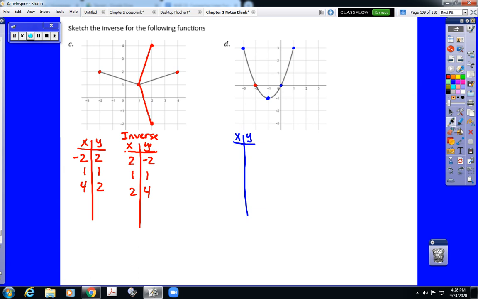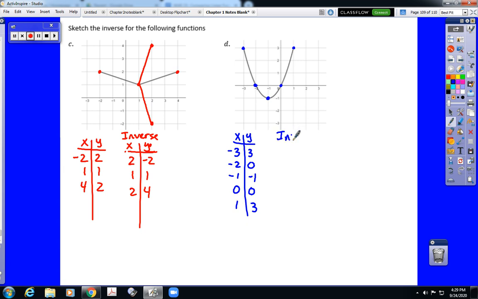So those points are the points -3, 3, -2, 0, -1, -1, 0, 0, and 1, 3.